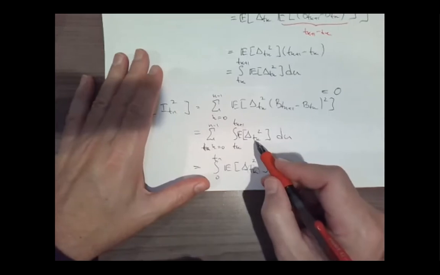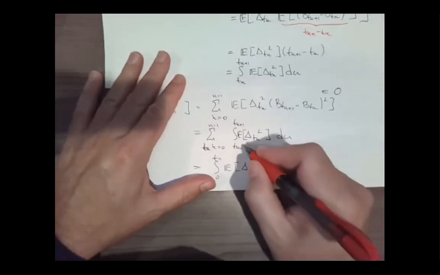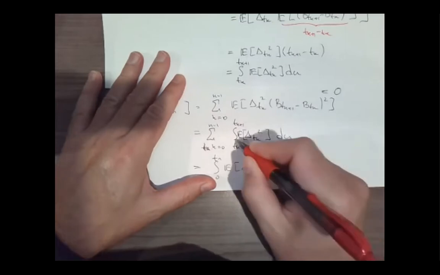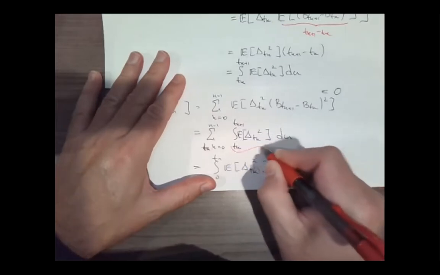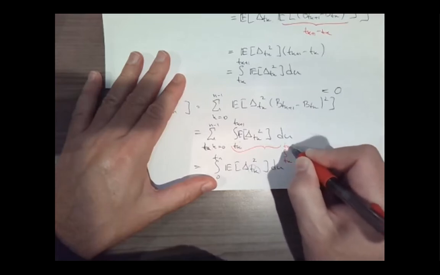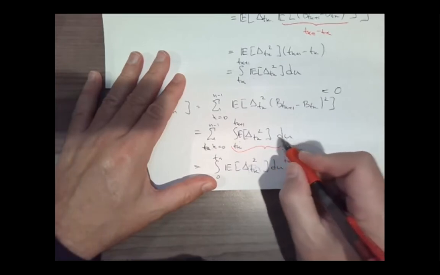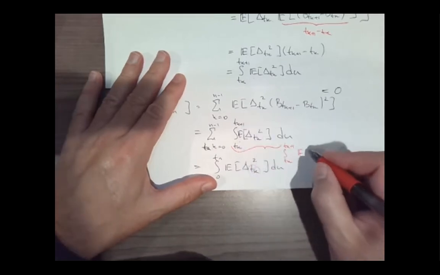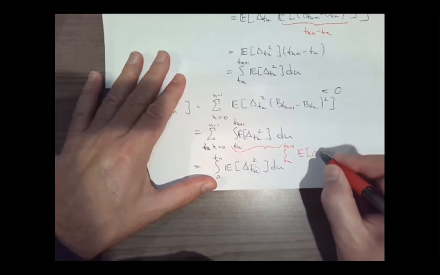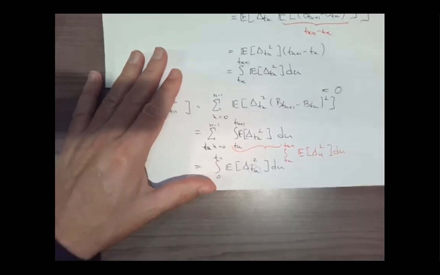I'm constant, and I know here, so what am I using? This quantity here I could write as an integral from tk to tk plus 1. But when u varies between tk and tk plus 1, I can write here delta u squared du.